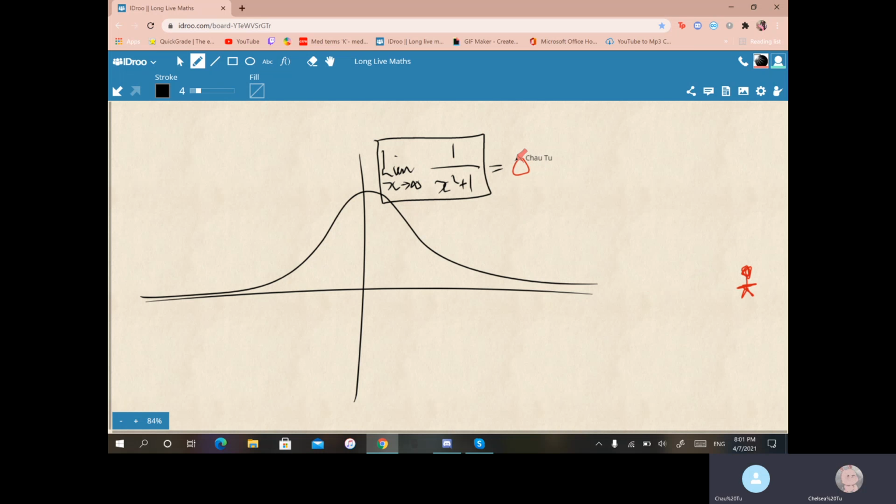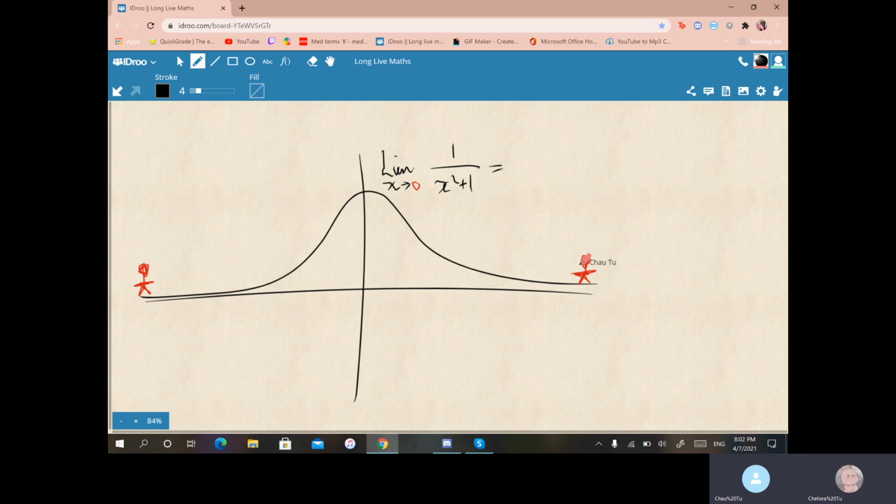What is the limit as x heads towards 0? What does that mean? And what's your answer? 1.